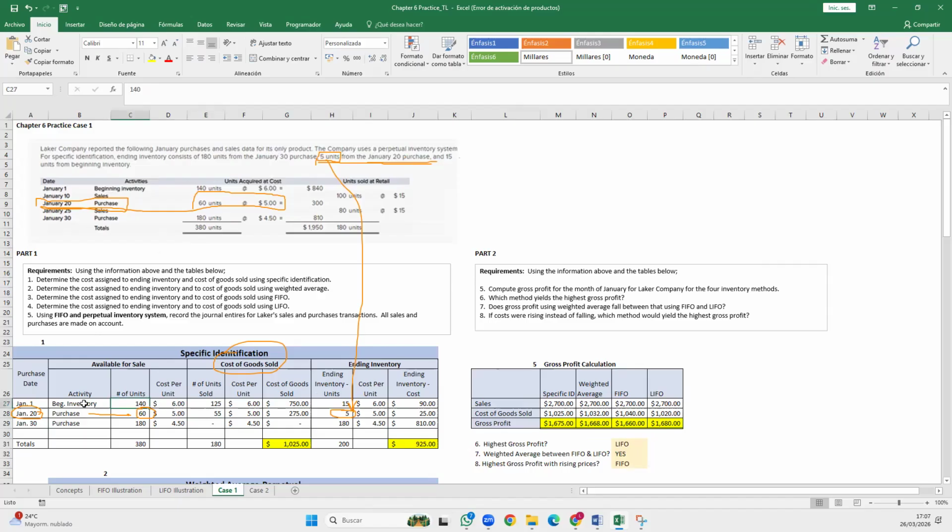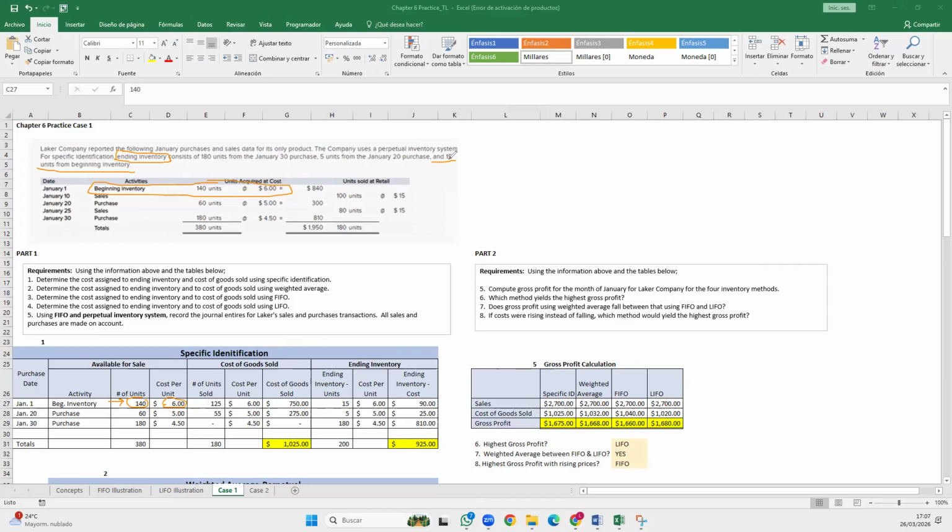And we do exactly the same for the beginning inventory here. It says 15 units from the beginning inventory ended up in ending inventory. They are giving us the details for ending inventory quantities. So the problem has already given me 140 units for beginning inventory at $6 per unit, so I just copy and paste 140 units at $6 per unit.